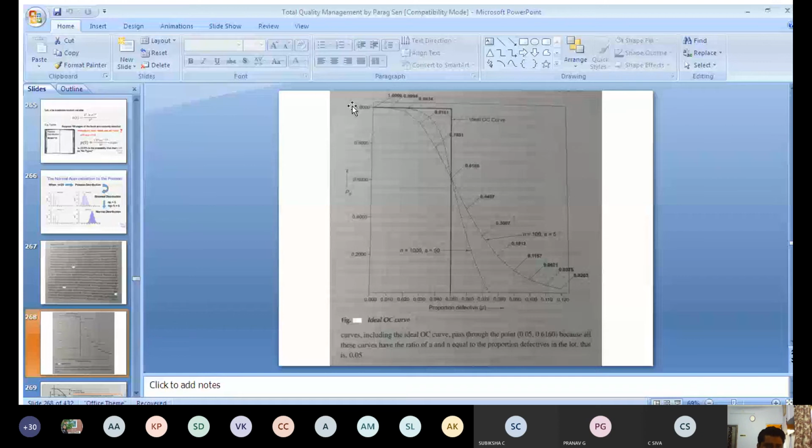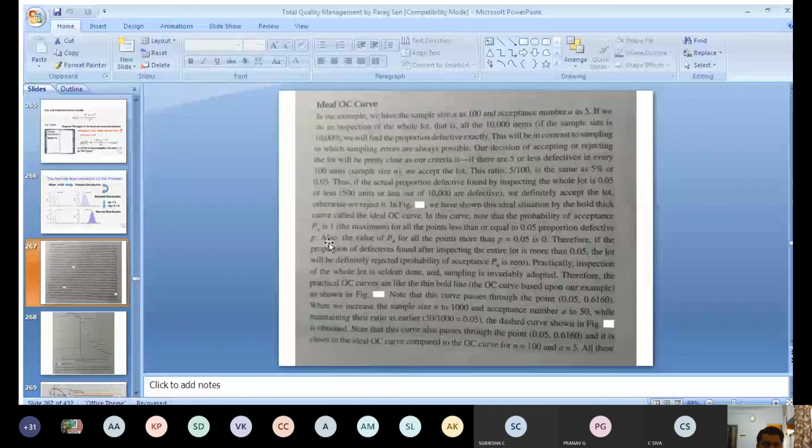So this will be your graph. Also, the value of PA for all the points more than P equal to 0.05 is 0.